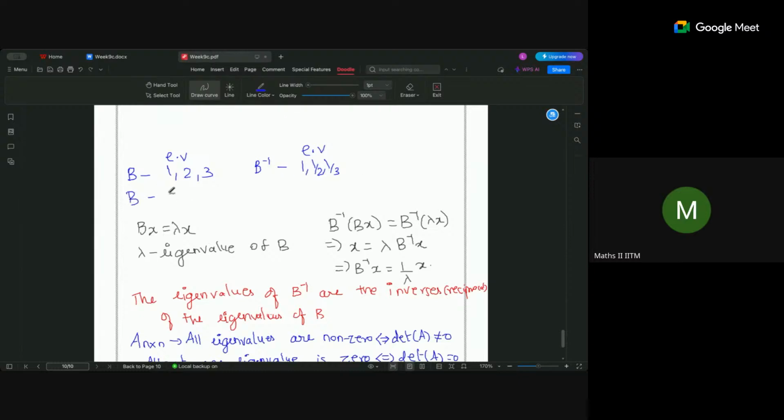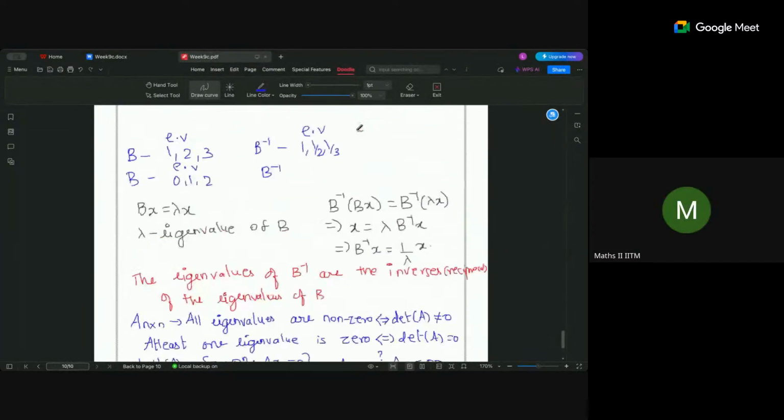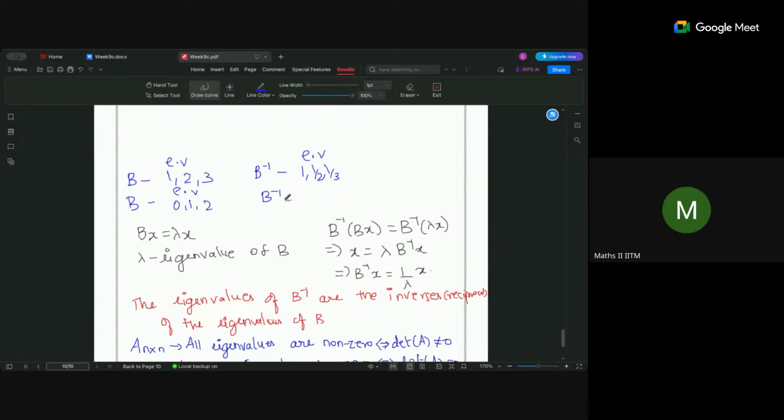Suppose you have a matrix with eigenvalues 0, 1, 2. Now what about the eigenvalues of B inverse? If you have listened to whatever I have said so far, think about it and answer this question. The eigenvalues of B are 0, 1, 2. What about B inverse?